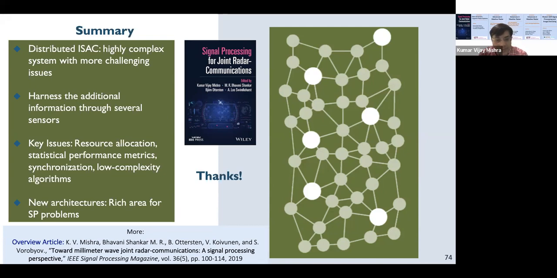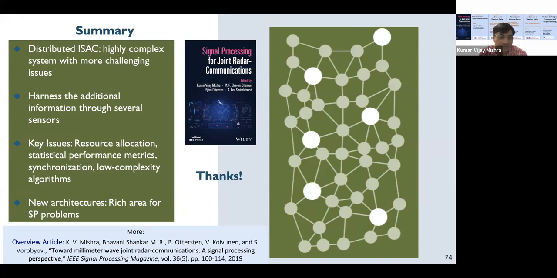So to summarize, this is a very rich area for signal processing practitioners. I don't think there is a lot published on distributed ISAC. This topic is just 2 or 3 years old, fairly recent, so it opens a lot of new applications.